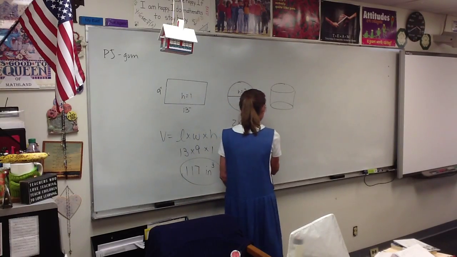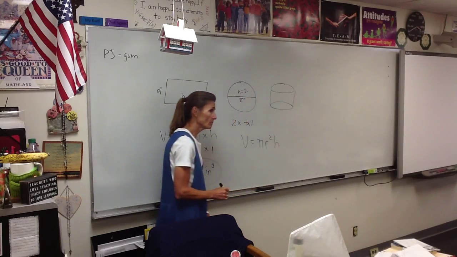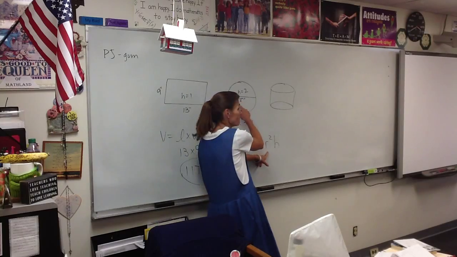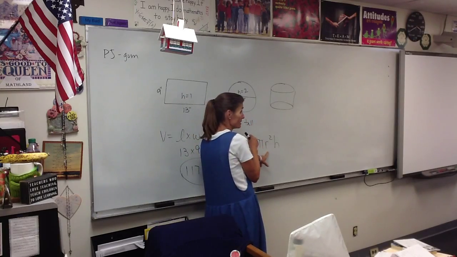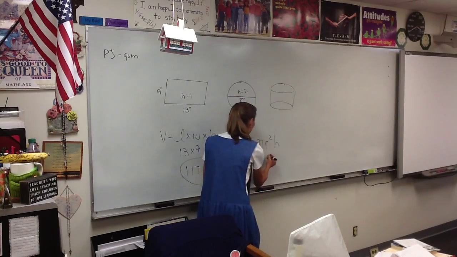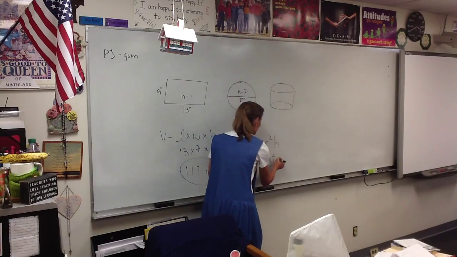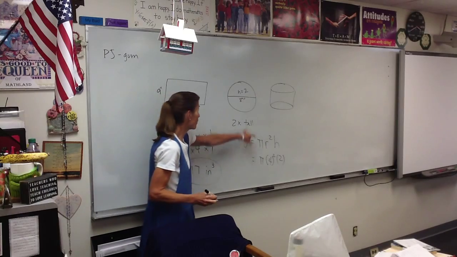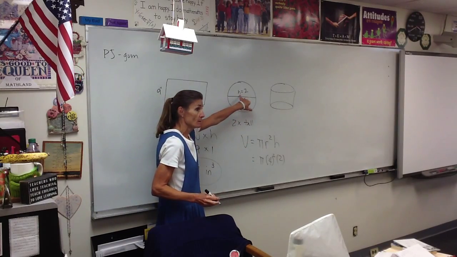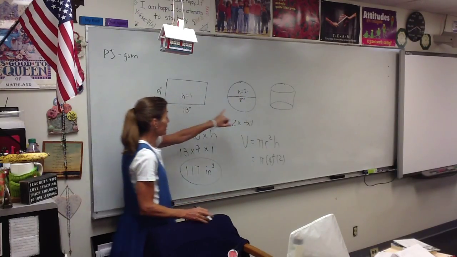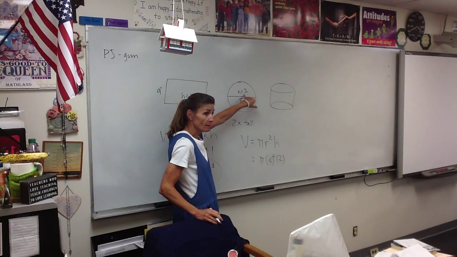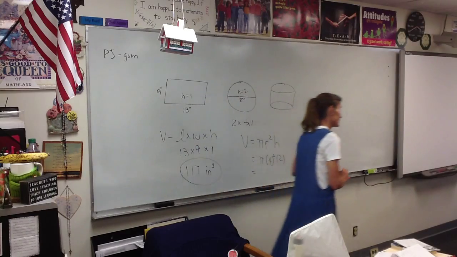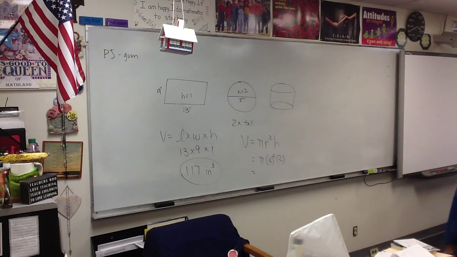It's pi r squared h, where r stands for the radius. Remember, the 8 was the diameter, so this is going to be pi times 4 squared times 2. Where did the 2 come from? I let this height be 1, so this height has to be 2. Who's got a calculator? What's pi times 16 times 2?